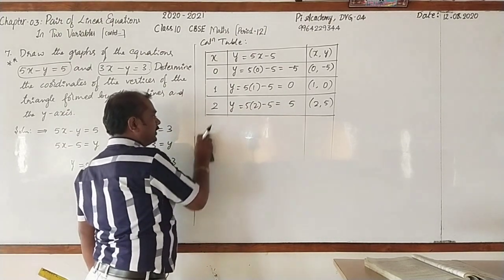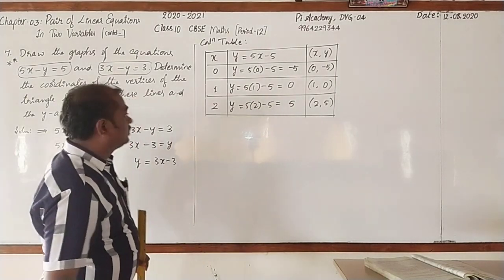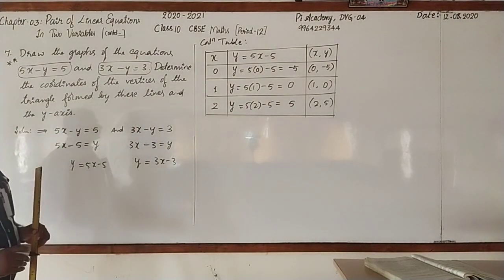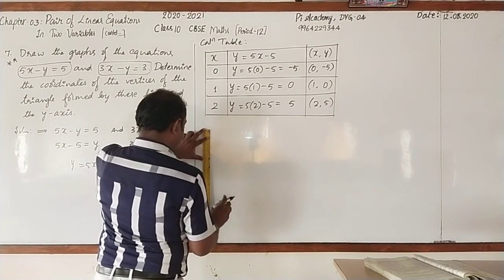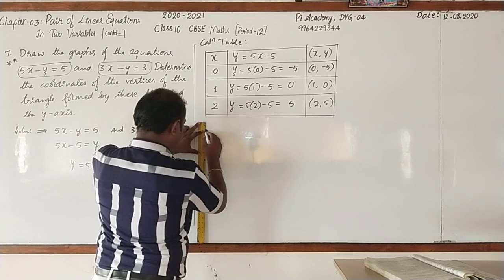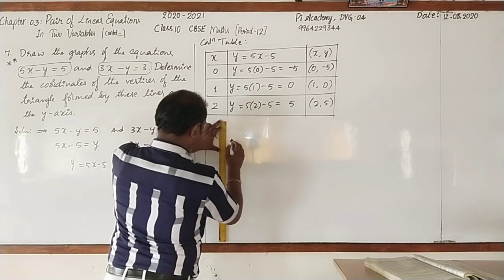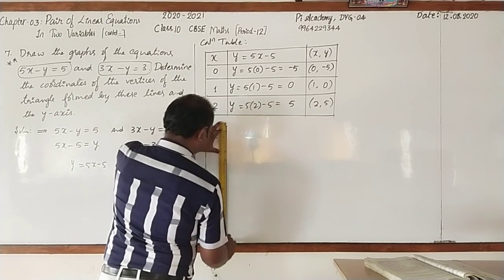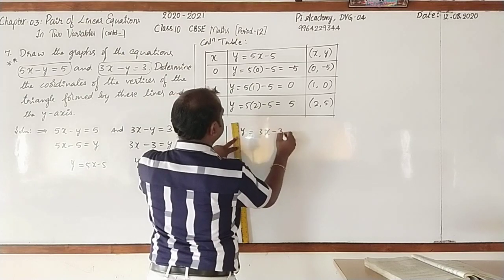Similarly, let us find the coordinates of the equation y equal to 3x minus 3. Yes, start writing it. First you draw a column for x. Next a column for y. Y is equal to 3x minus 3.